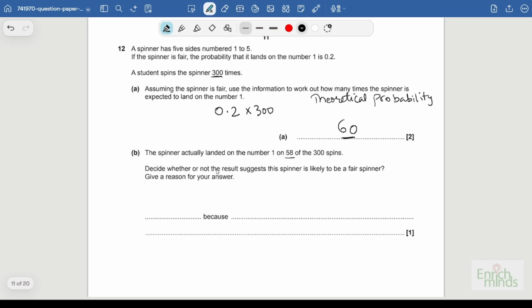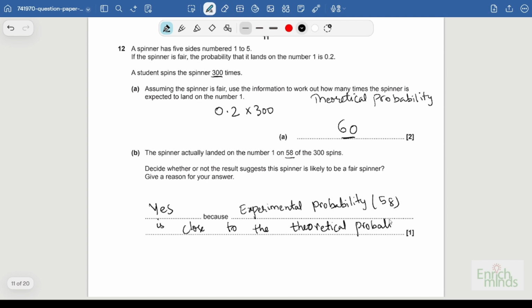So yes, it is fair because the experimental result, which is 58, is close to the theoretical one, which is 60.